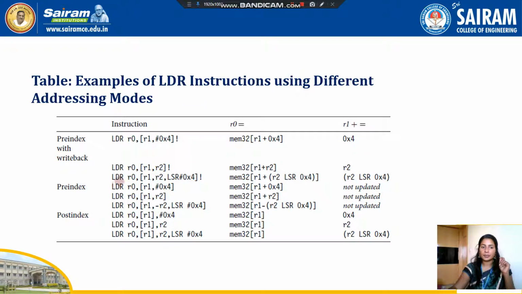Third instruction, LDR R0, [R1, R2 LSR #4]!, with write back. Before adding R1 and R2, R2 will be pre-processed by the barrel shifter. Here the shifting is a right shift operation by 4 bits. This barrel shifting operation is done for R2, and once it is done, the new content will be added to R1. Together this is called the memory for this instruction.